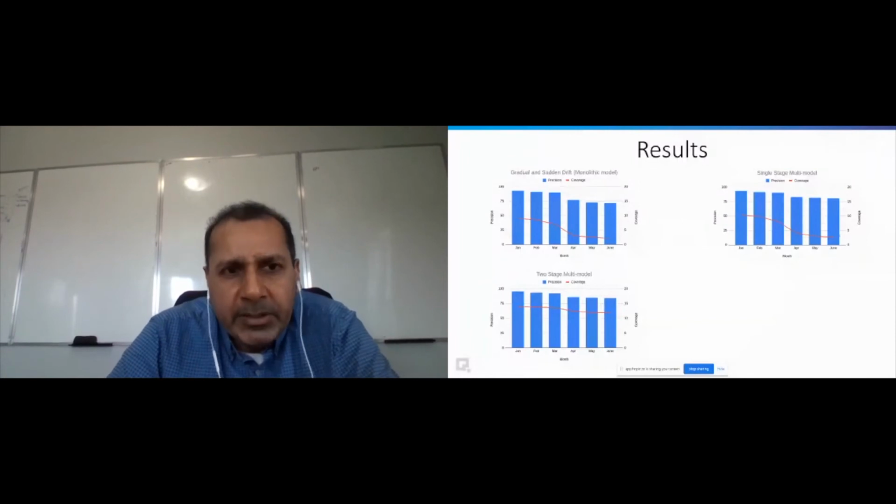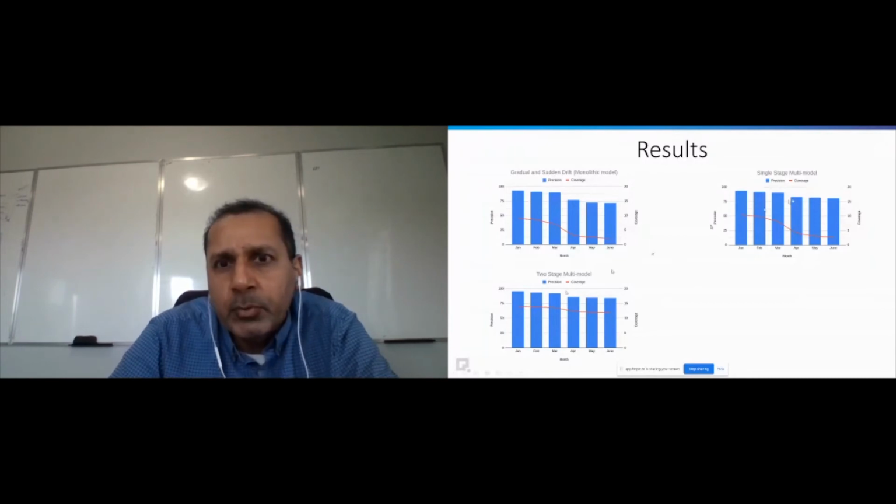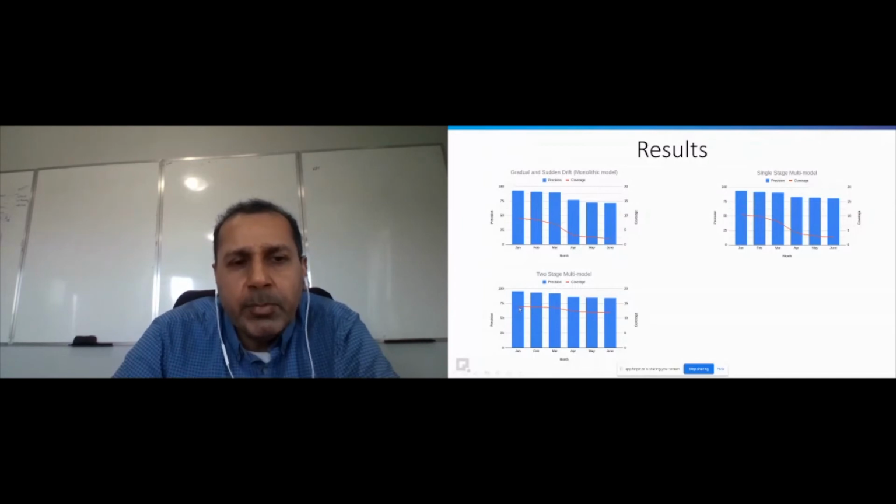We got a minor boost when we just went to a multi-model. But the minute we went to a two-stage multi-model, the boost was much more significant. Also notice how the drops were not that significant and the drifts were not that significant. So that's the first part of it.